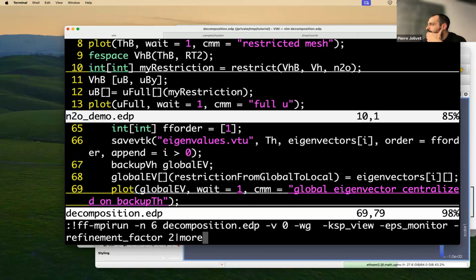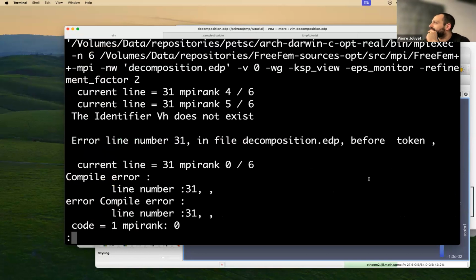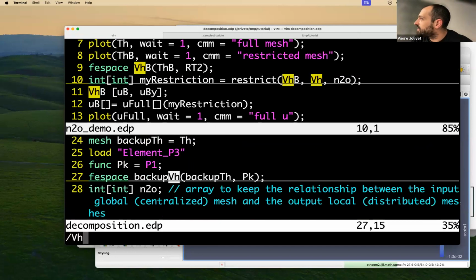Okay, so let's see. Spoiler, it won't work. Not because of this, of course, this is not expected. Identifier VH does not exist.